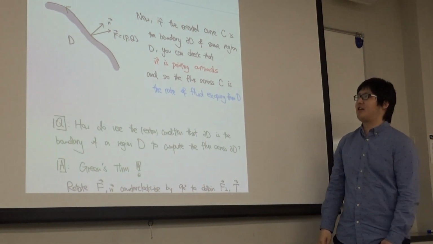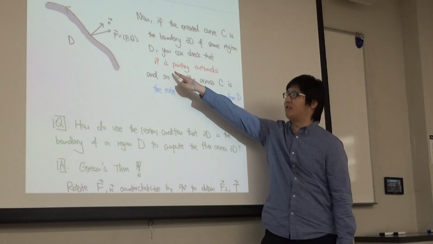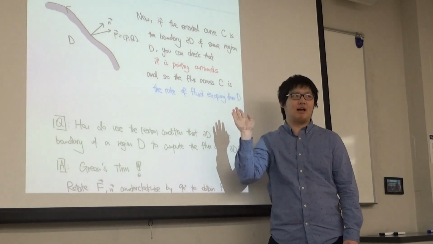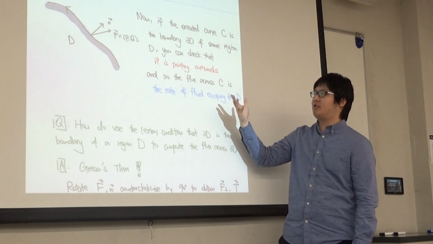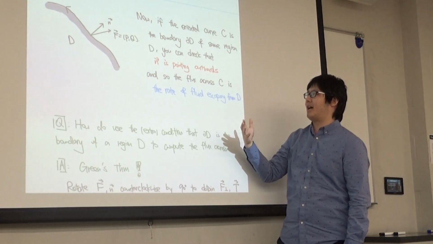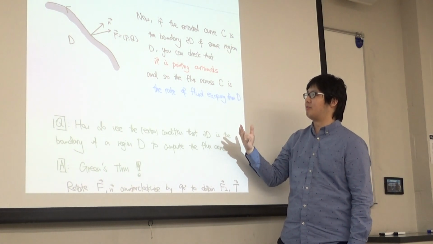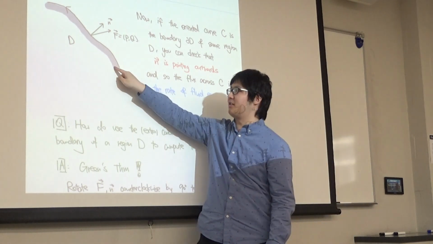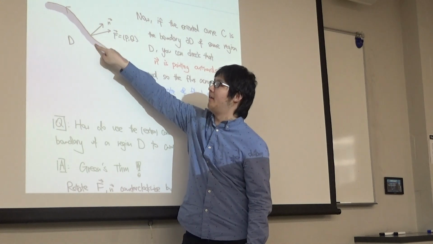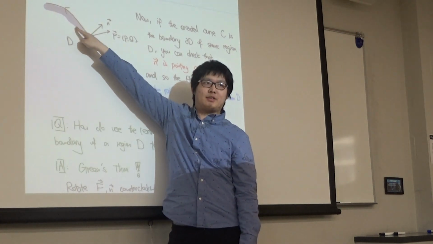In this case, we can check that the unit normal is always pointing outwards from the surface. From our intuition above, that basically means that the flux is measuring the rate of fluid escaping from the surface. You can imagine that the green arrow is escaping from the region D here.